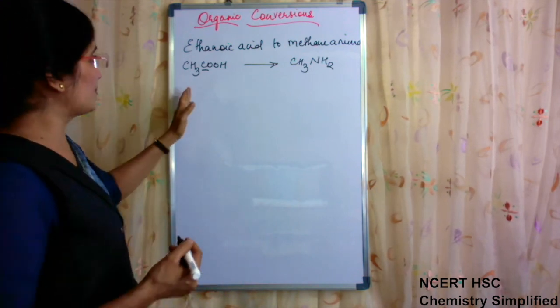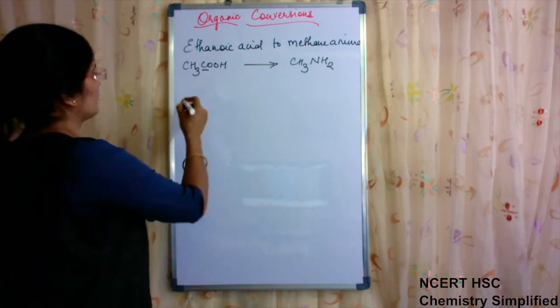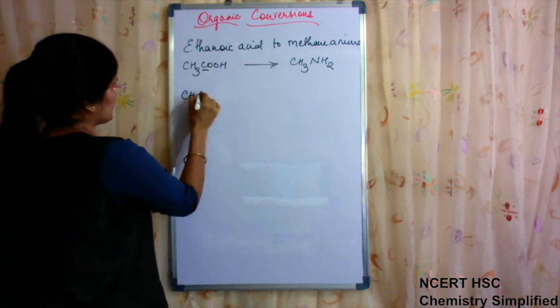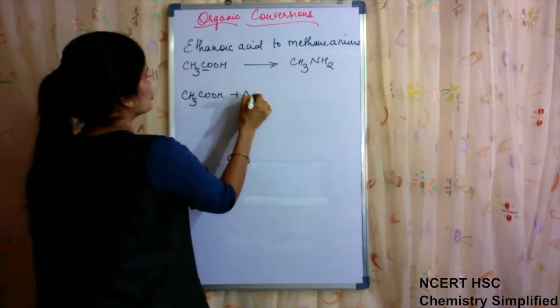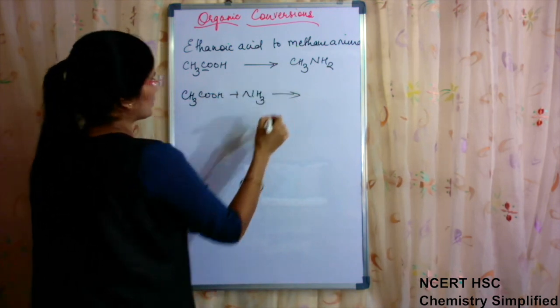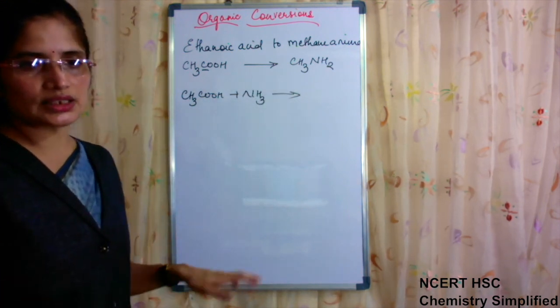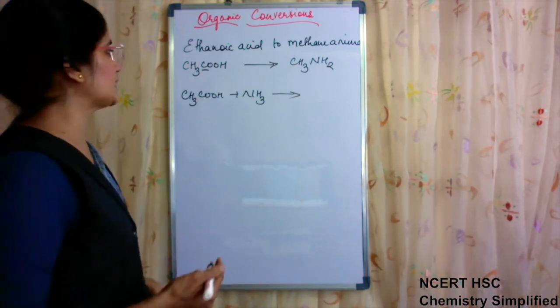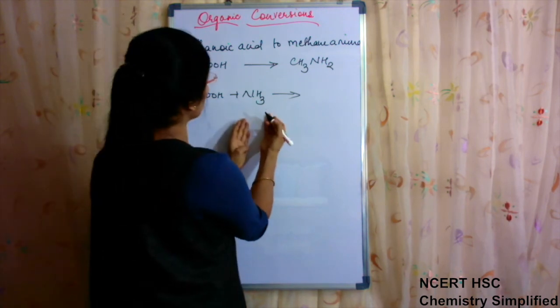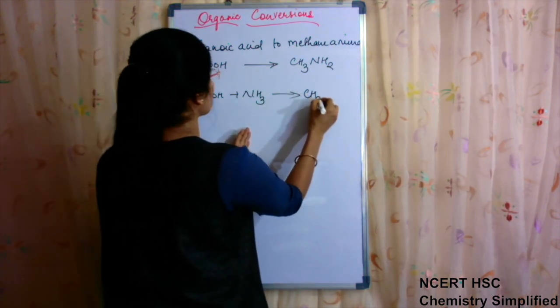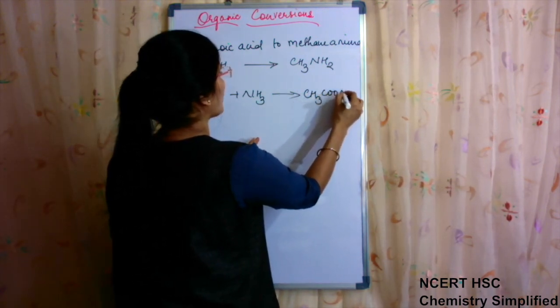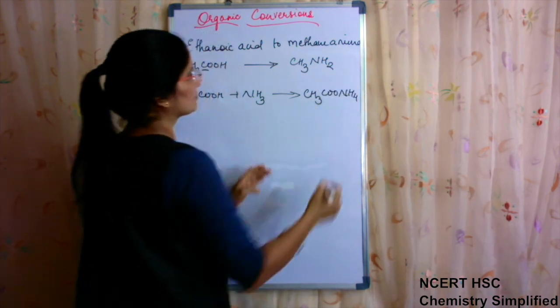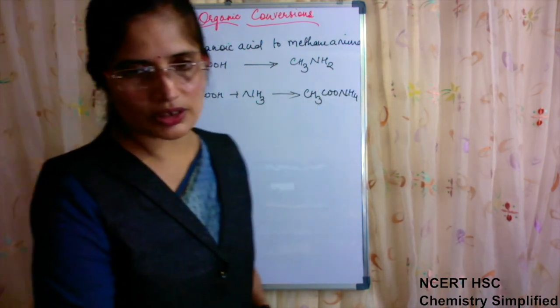So if you remember that when acids are treated with NH3, ammonia, we will use only those reactions which we have already done, because all conversions are possible with their help only. When they are treated with ammonia, what happens? CH3COONH4, salts are formed.